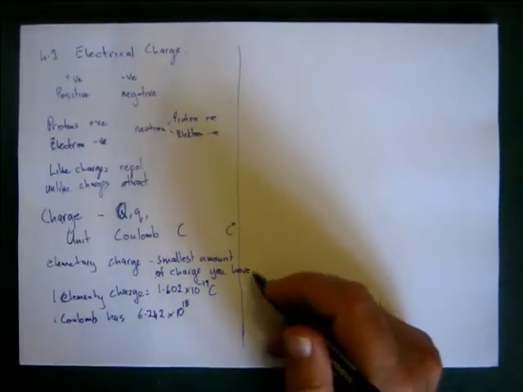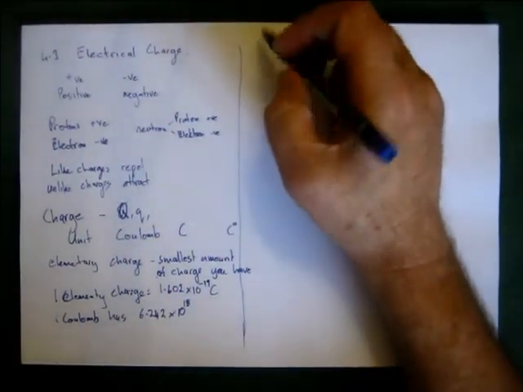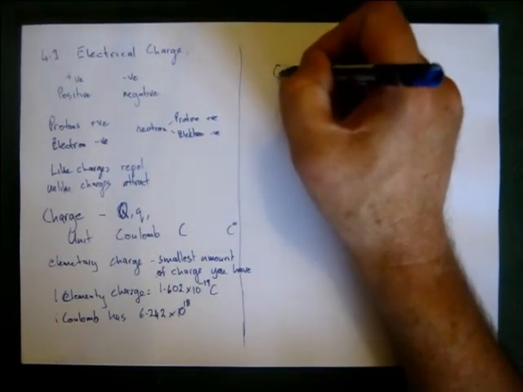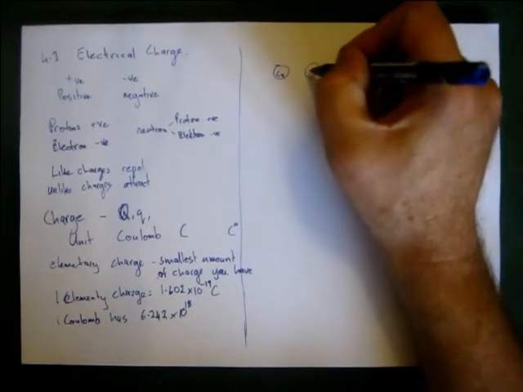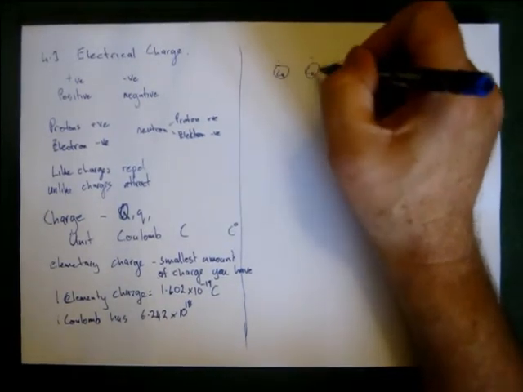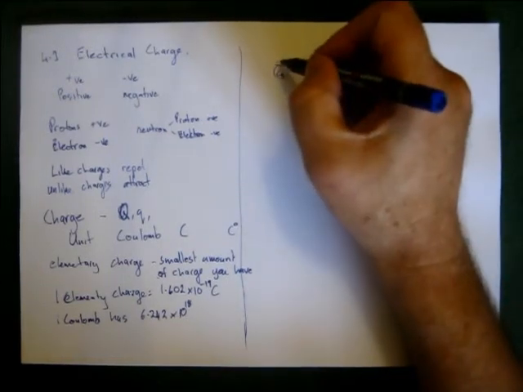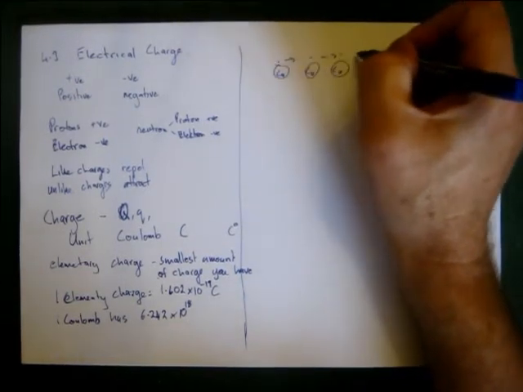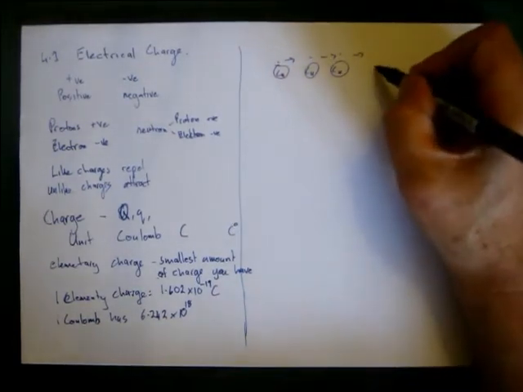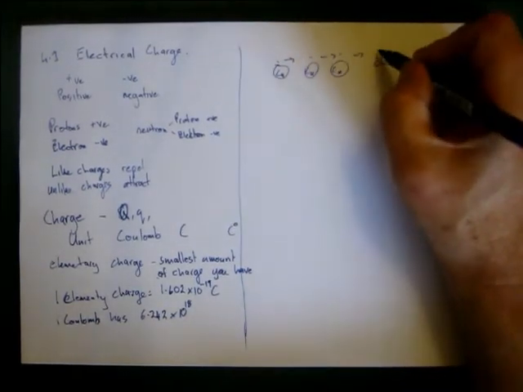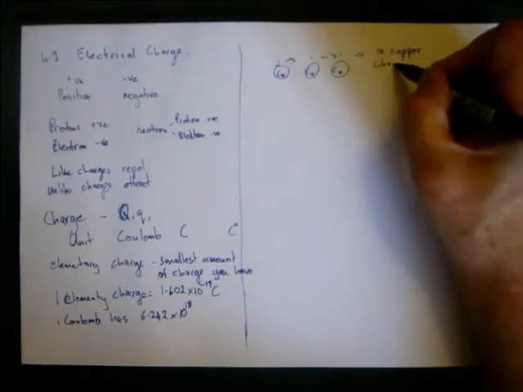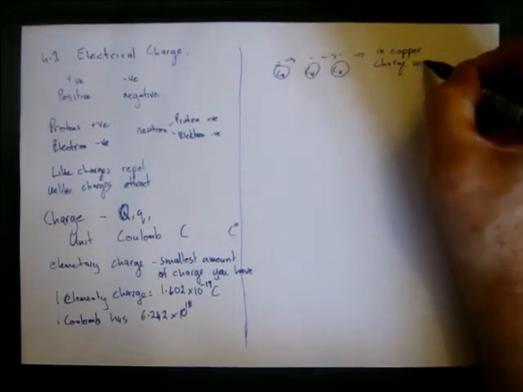Now, some atoms, like metals, like copper, have a whole lot of electrons, but they're loosely attached. So these electrons can move very easily. So that means charge moves easily in copper.